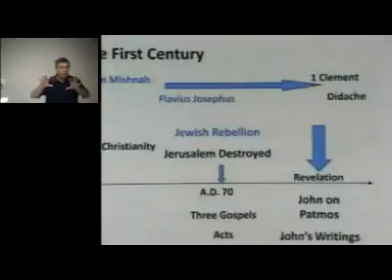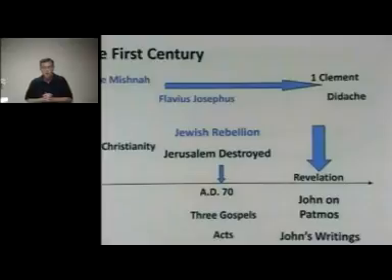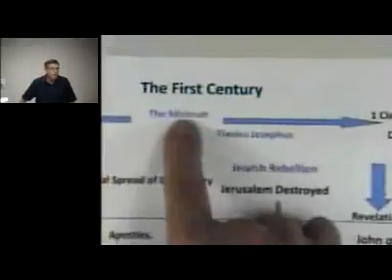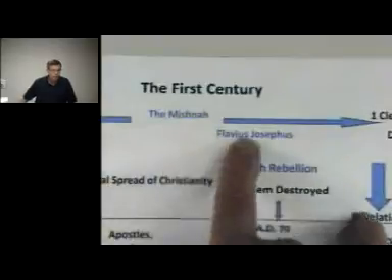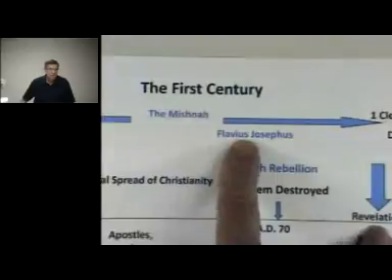Now, if you read commentaries, which some people do, and they say, well, the Jews, the Pharisees taught something, the first question you want to ask is, how do you know that? If they don't cite the passage from the Mishnah where they learned that, or if they don't give you the passage in Josephus where they read about that, then you just don't even listen to a word they're saying.